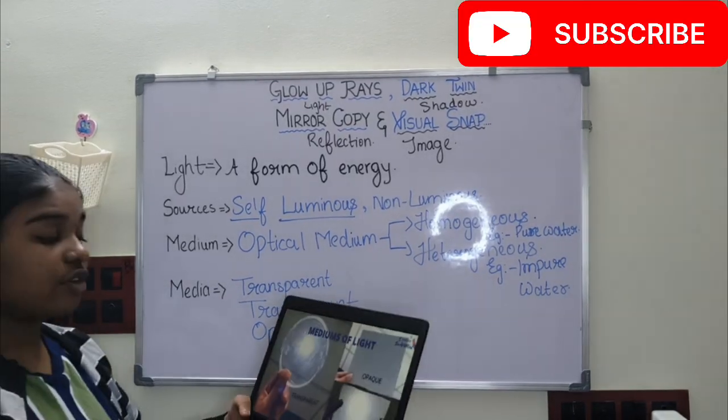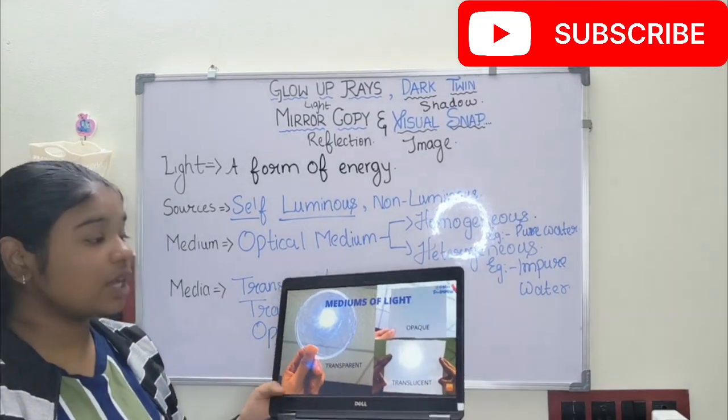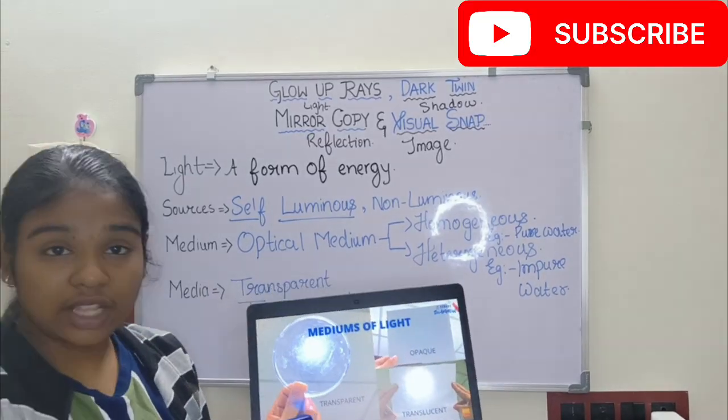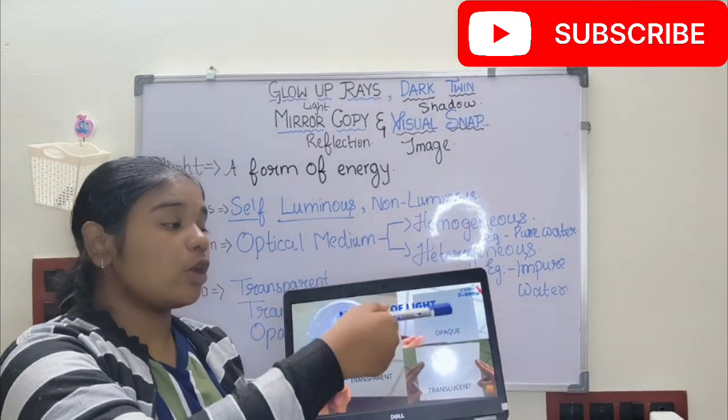So we have transparent, translucent and opaque. These are the three mediums of light.